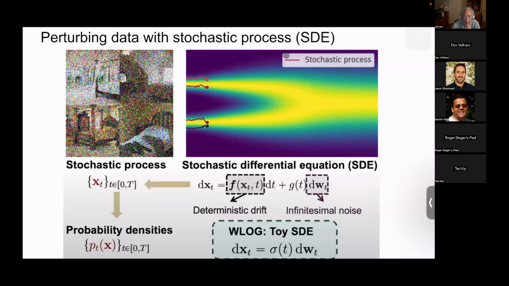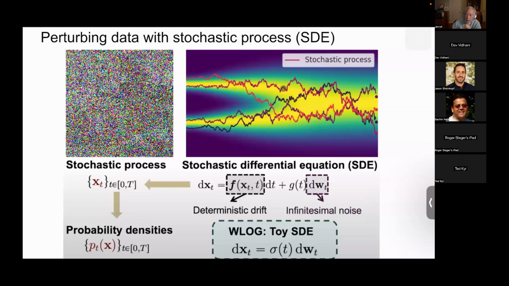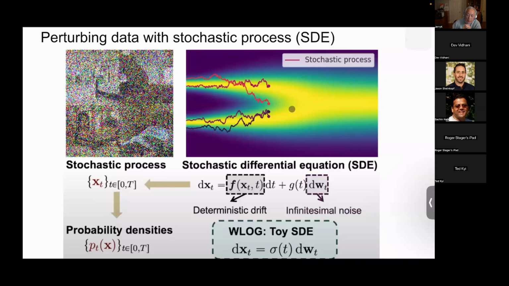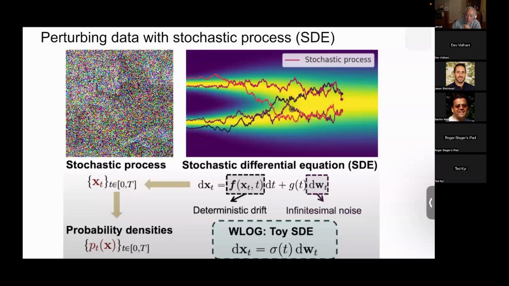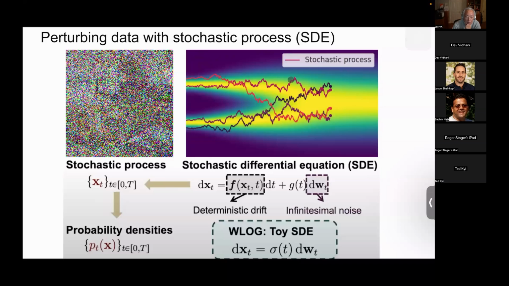So it's basically a collection of infinite random variables. And the random variable at any time step that you want to look at has a corresponding probability density, which is the distribution of the data points.